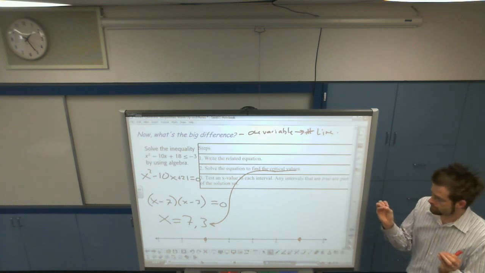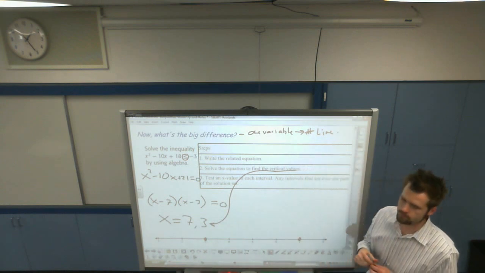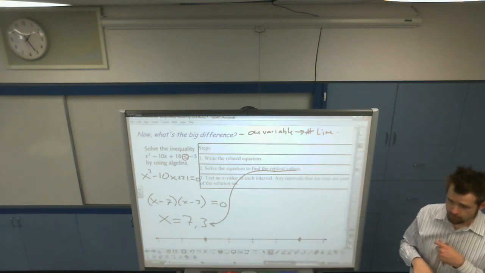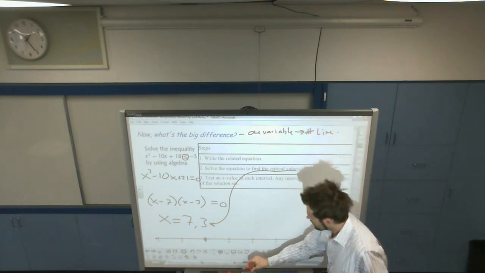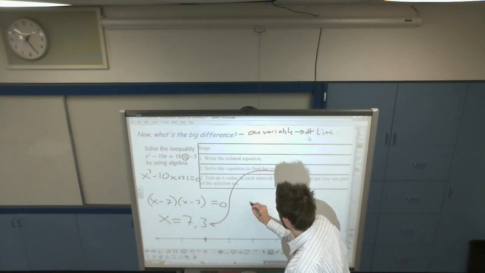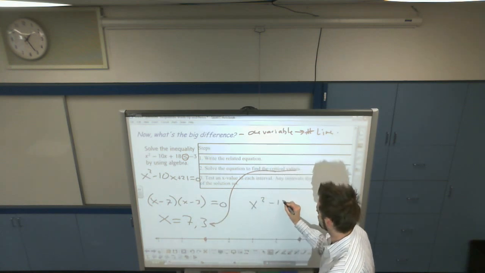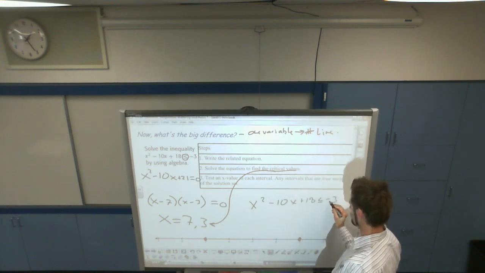You know why that is, right? Because my original inequality was less than or equal to. So that's the filled-in circles. Now, look what's happened here, guys. My original inequality, which I'll write down here, x squared minus 10x plus 18 is less than or equal to minus 3.